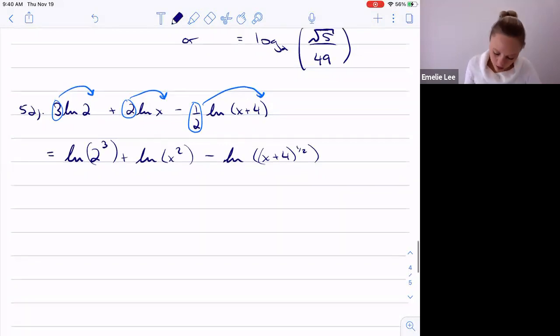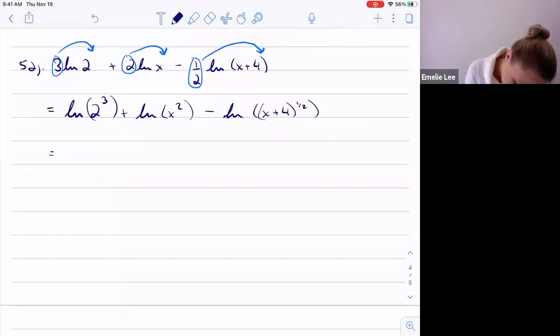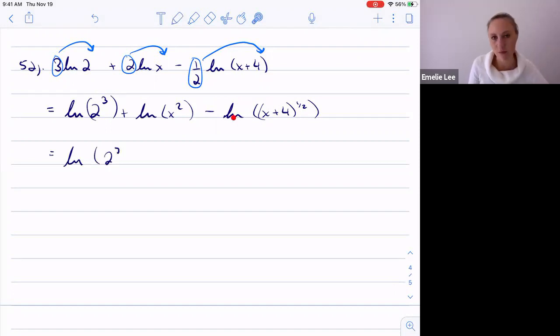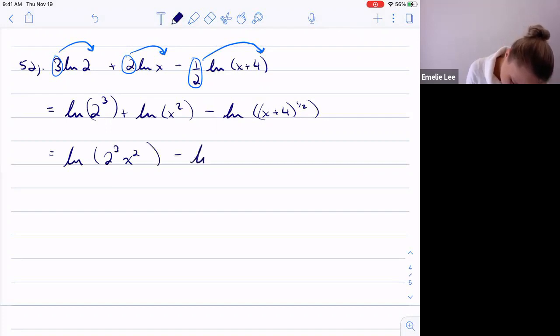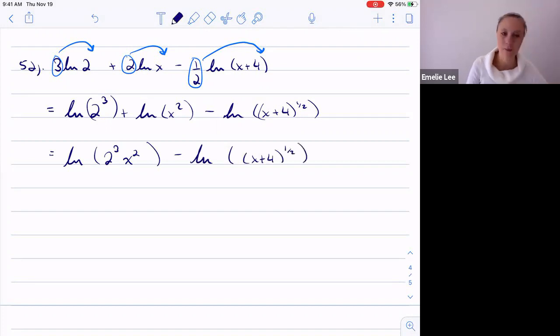Okay. So now I'm adding and subtracting. It doesn't actually matter which order you do these in, but maybe it's easier to just do the addition ones first and then do the subtraction. So I have the ln of 2 to the 3. Of course, I have to make sure I have the same base. Because I have ln, I'm safe, right? So ln of 2 to the 3 times x squared minus the ln of x plus 4 to the 1/2.